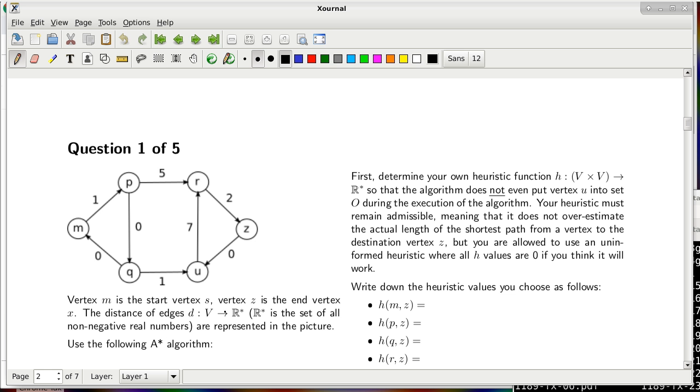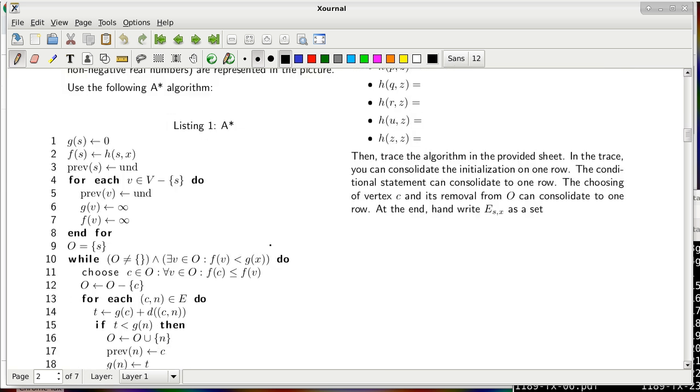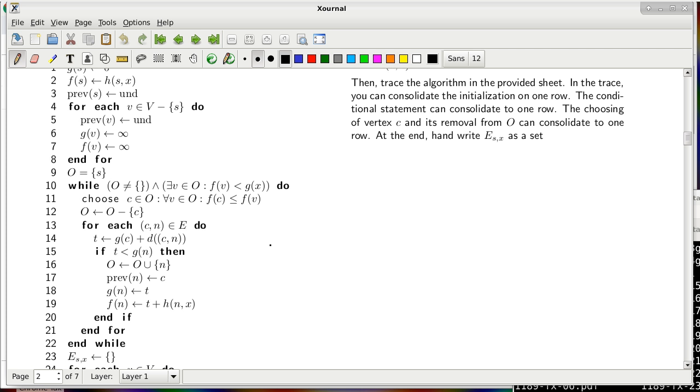Okay. All right. So there are only 2 lines that can put something into O. And okay, I think I can use a pen this time. The first one is the initialization, which is not something of great concern to us.